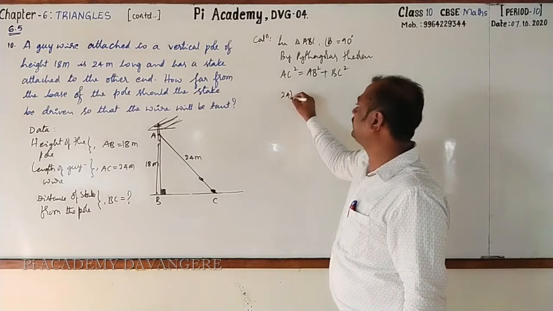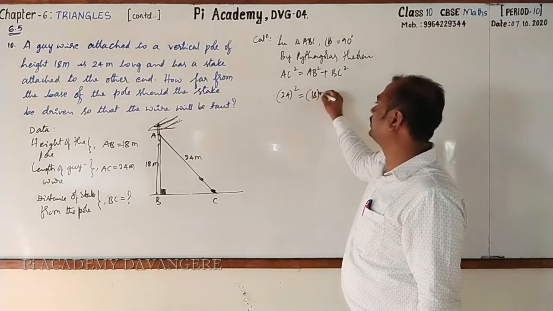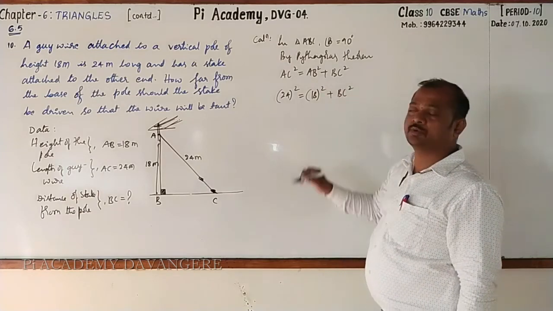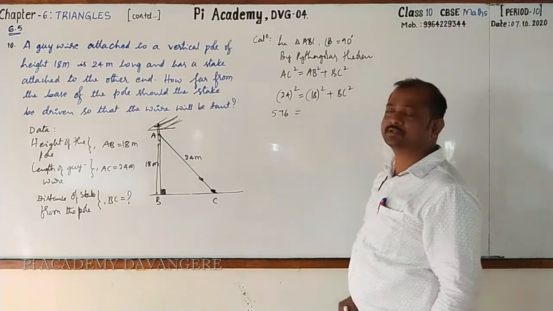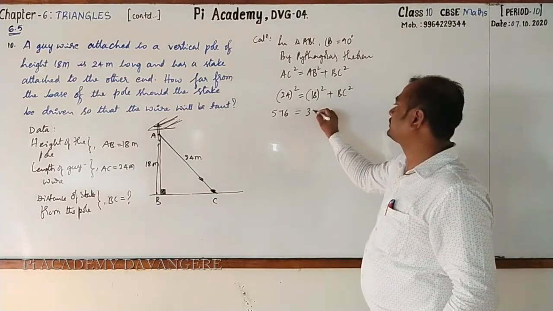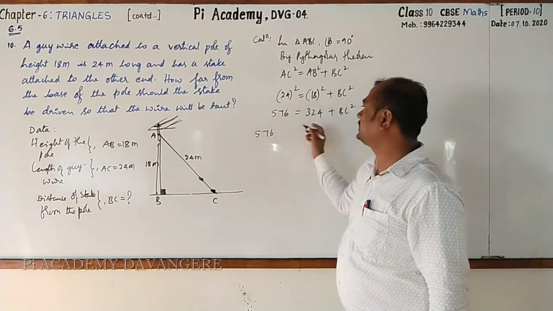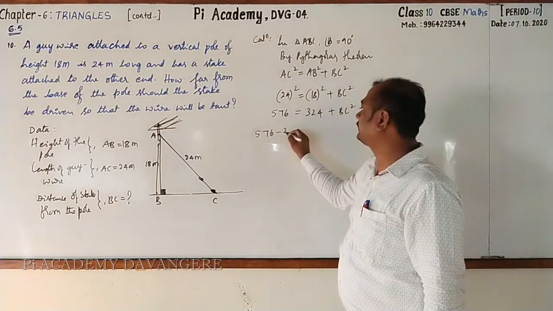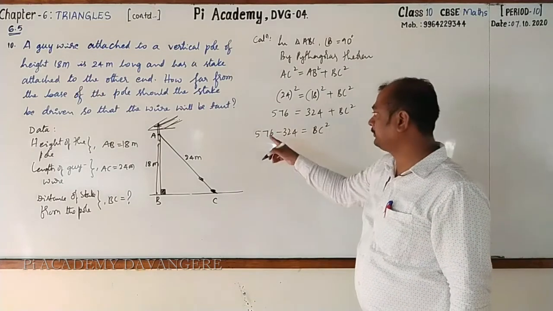AC is 24 whole square, AB is 18 whole square plus BC square. 24 square, how much? 576. 18 square, it is 324 plus BC square. 576. Transfer 324 to the left hand side. Becomes minus 324 equal to BC square.